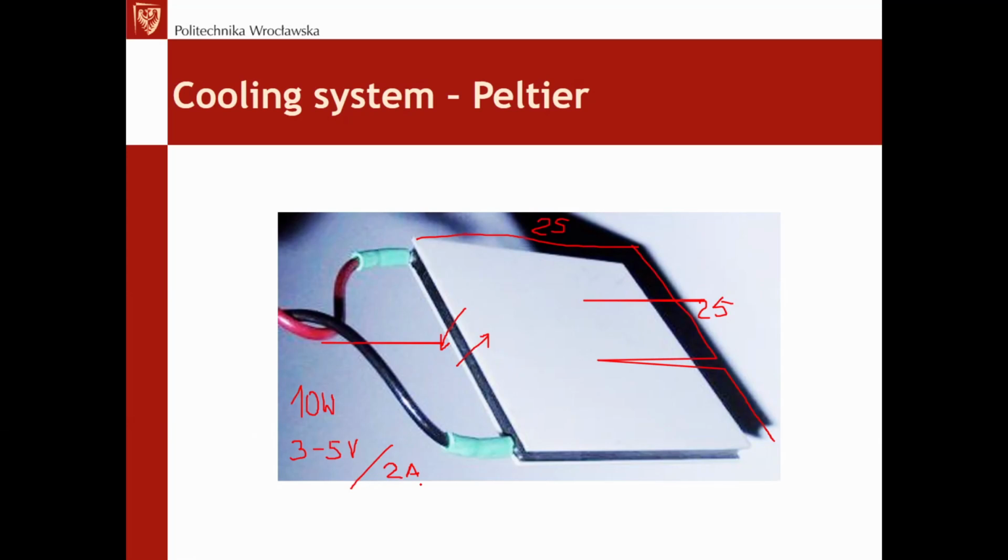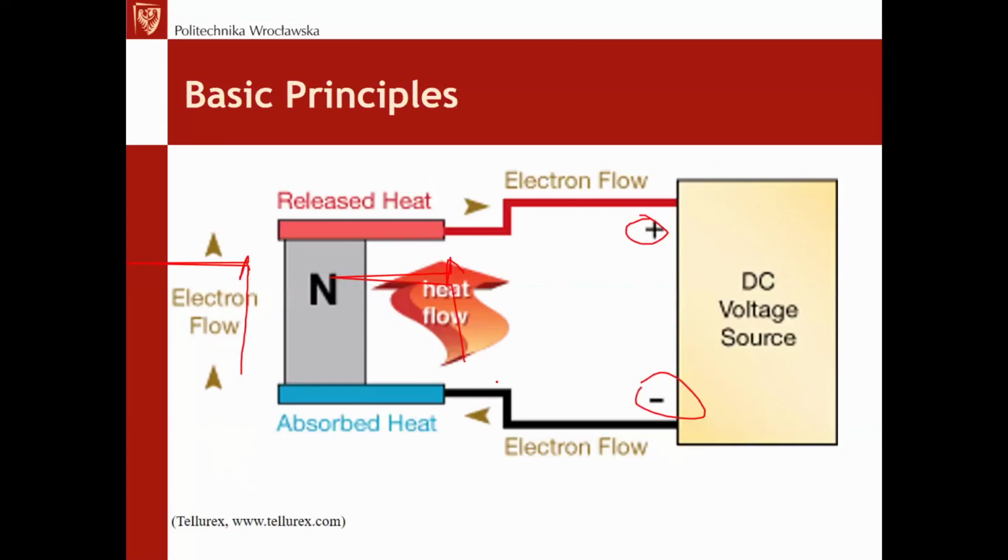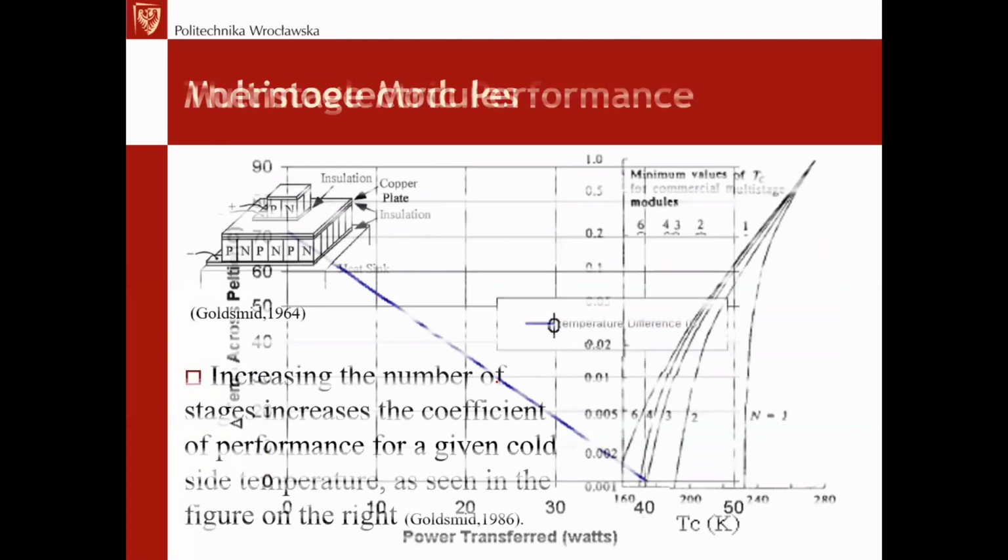It's actually much higher. Still, if you don't need 10 watts, if you need less, then you can reduce the voltage from 3 volts down to 1, and then the current will be lower, because the Peltier is seen electrically as a resistor. So it has a resistance of an ohm, 2 ohms, 3 ohms, something like this. So these are the values that you can expect from the modules available on the market.